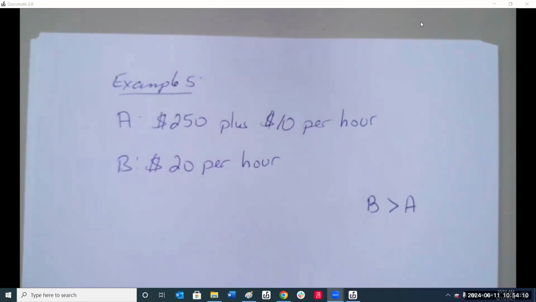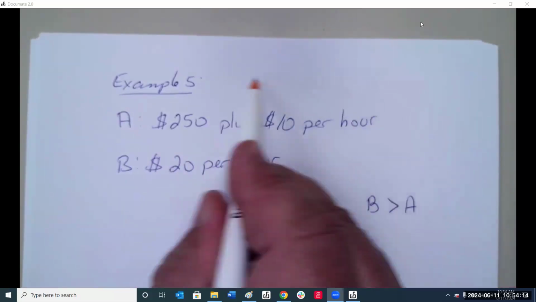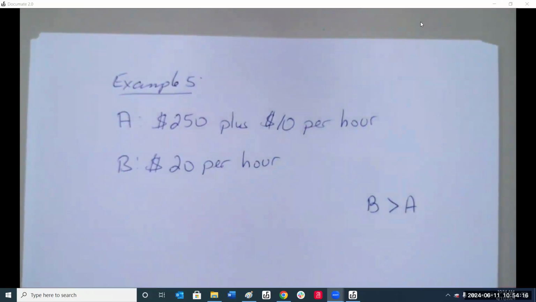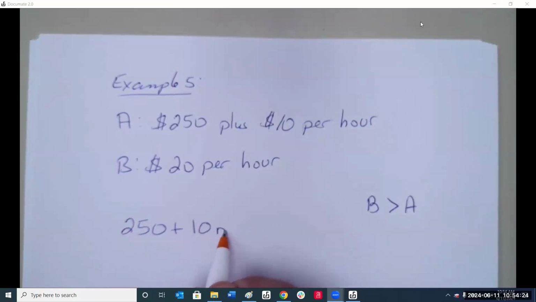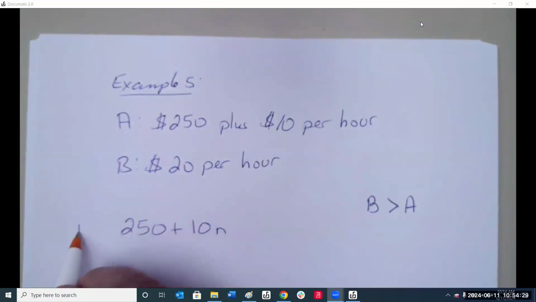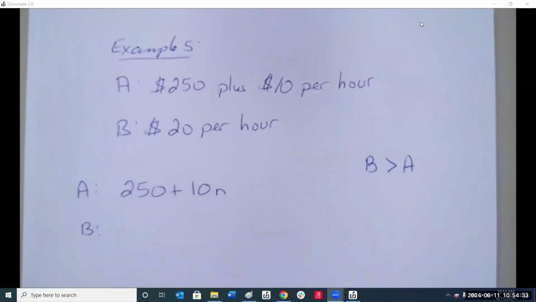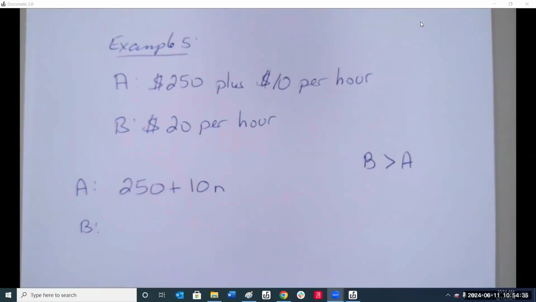So we have to put these in equations. How do we put A as an equation? $250 plus $10 per hour, right? That's A. And B would be? Yeah, 20 times N.